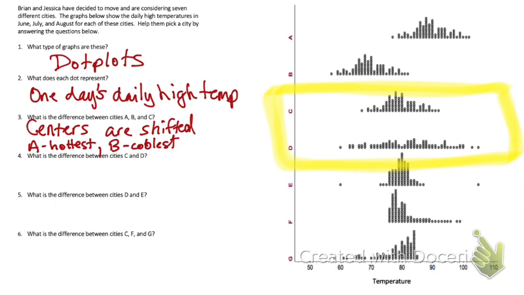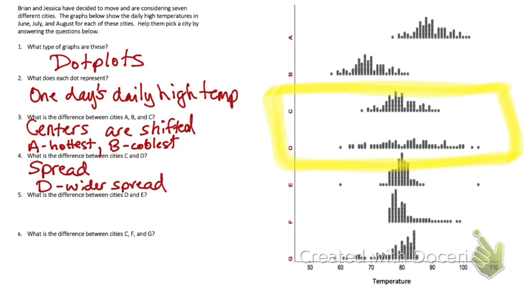Specifically, city D is more spread out. The spread, how spread out or varied it is, and the range for sure, but we're going to specifically speak about the spread. The spread is different here. D has a wider spread.